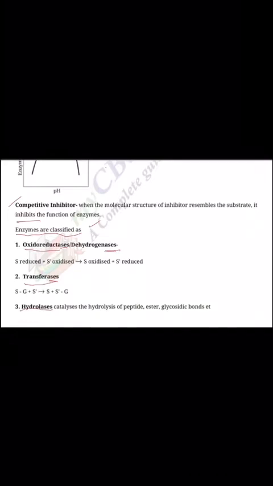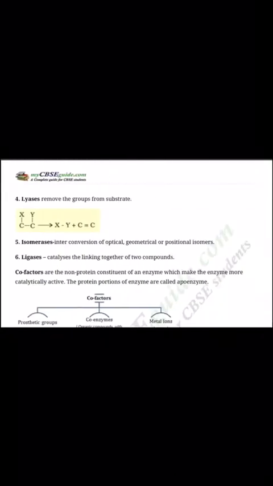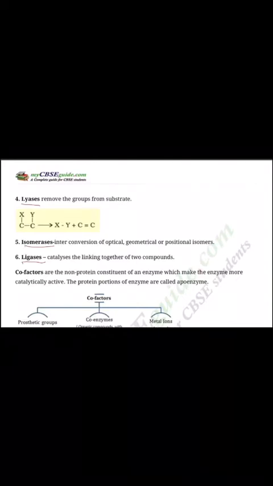And the second one, after oxidoreductase, is transferases. After transferases, it is hydrolases. Then lyases, and the fourth, isomerases. And then ligases, and translocases. So there is a seventh one, translocases.